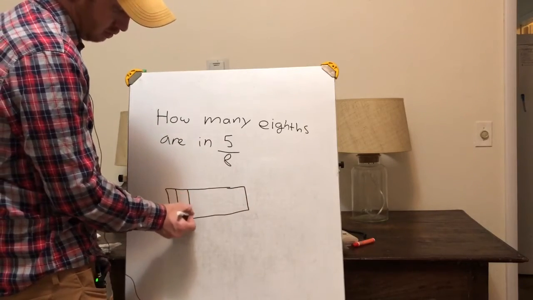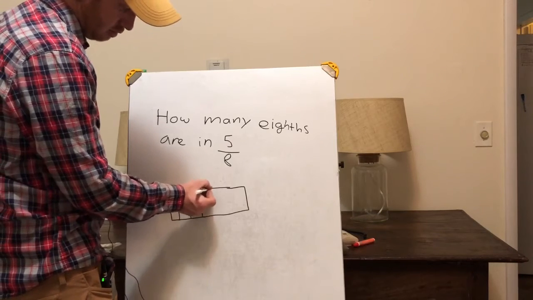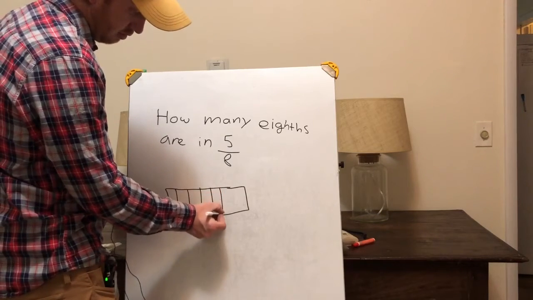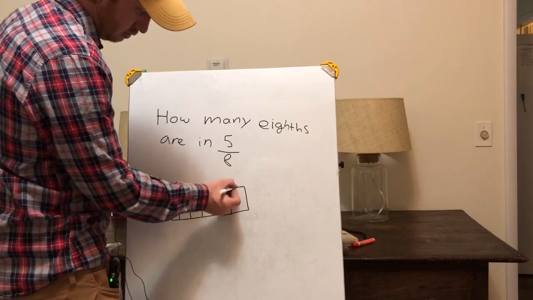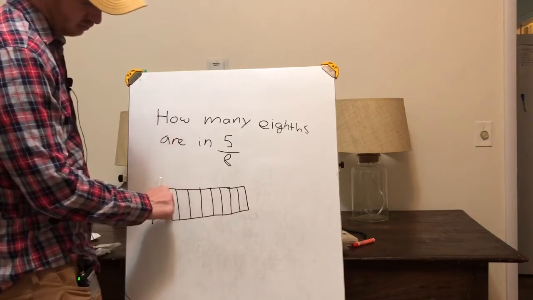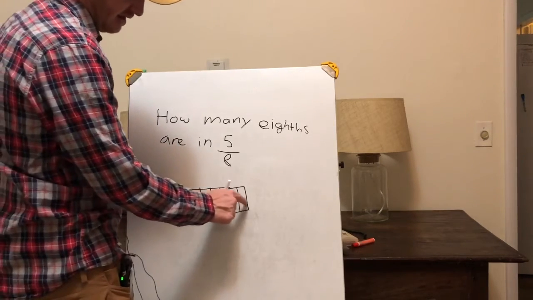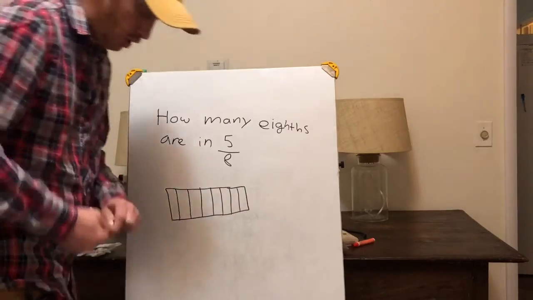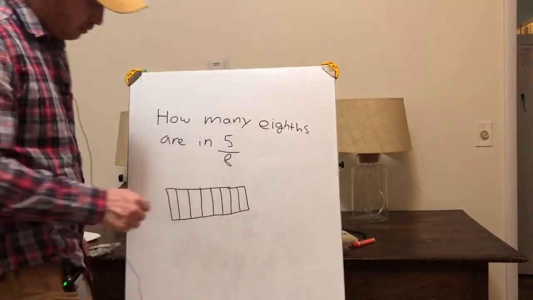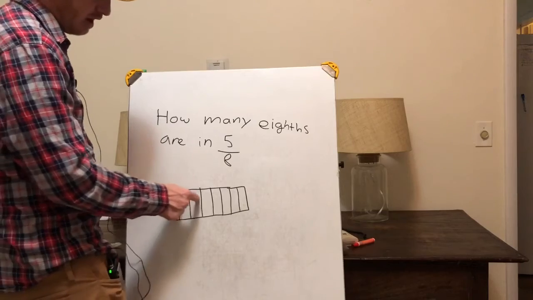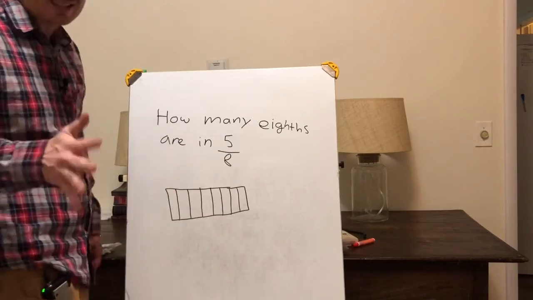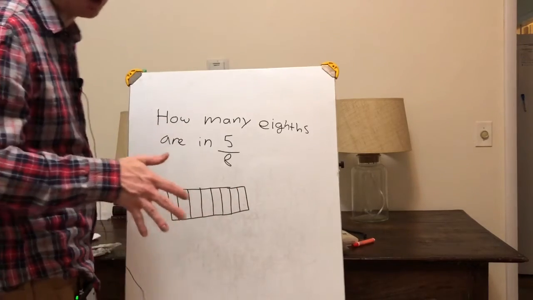1, 2, 3, 4, 5, 6, 7, giving me 8. If you're drawing a tape diagram, always make sure at the end you do count how many are inside, because if you mess that up, the whole thing's not going to be good.